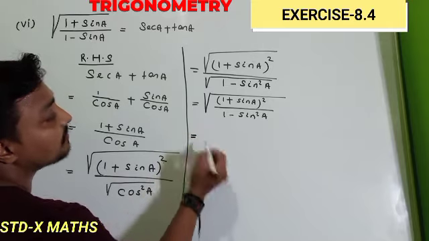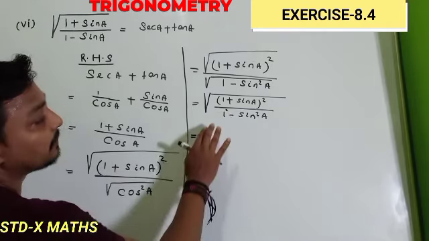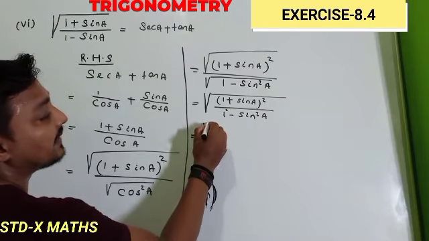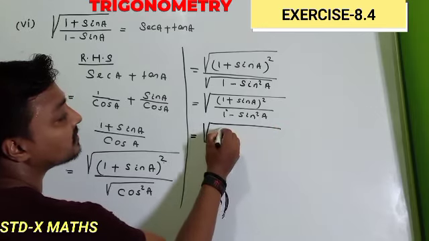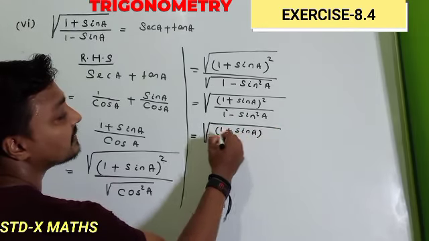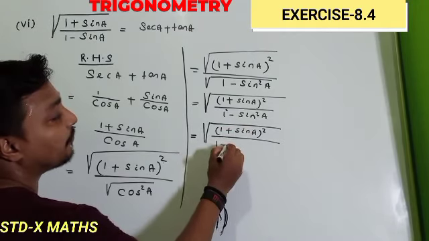In the next step, 1 means 1 square. Below, it is in the form of a square minus b square, and a square minus b square has the form a plus b into a minus b.